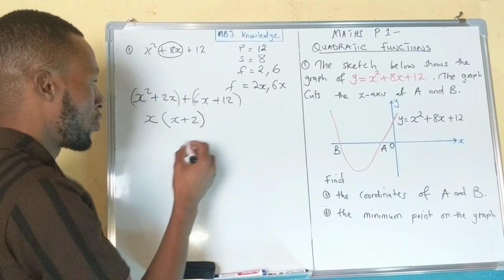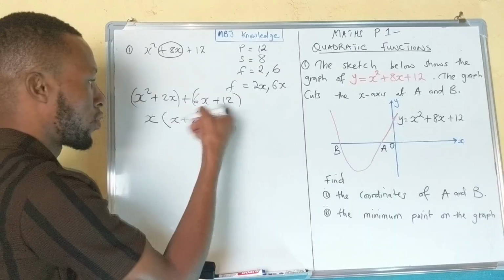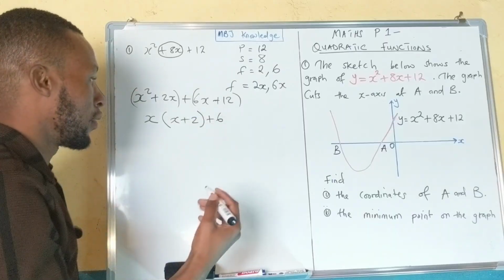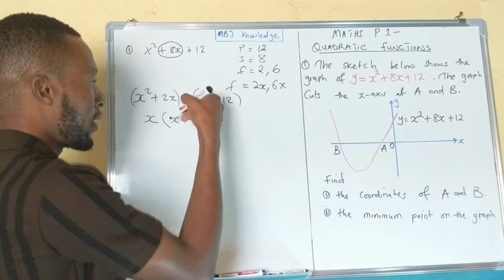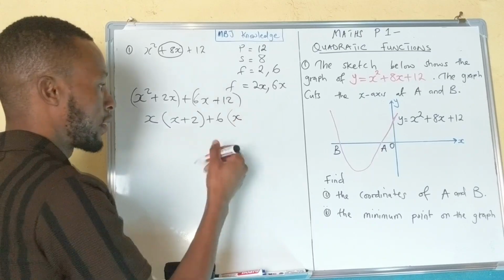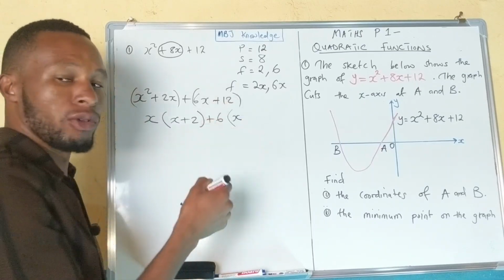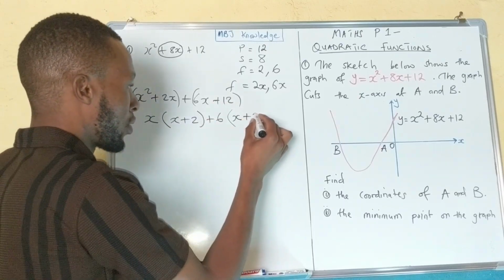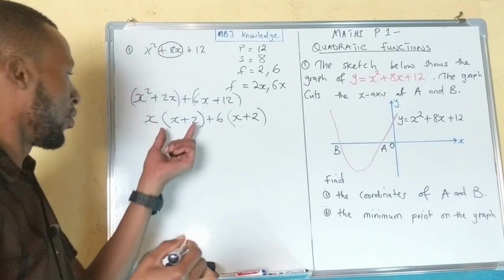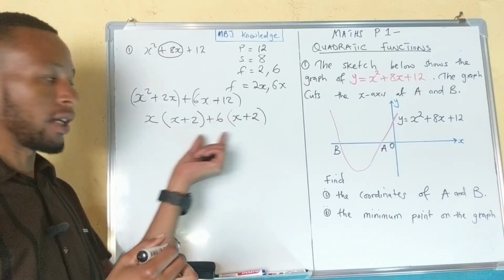So you remain with a positive 2. Then here plus what is common? A 6. So 6 dividing into 6x, that is x. Positive 6 dividing into positive 12, that is a positive 2. Notice the brackets are the same.